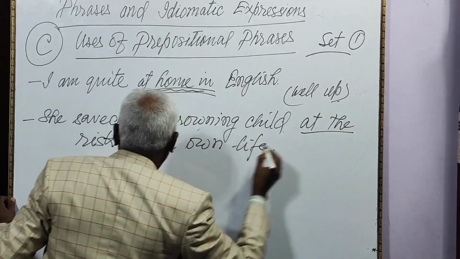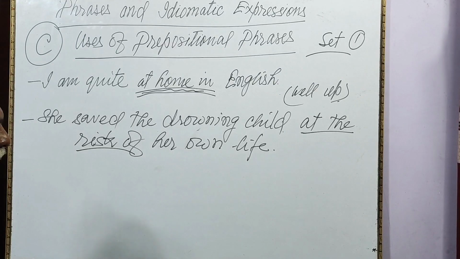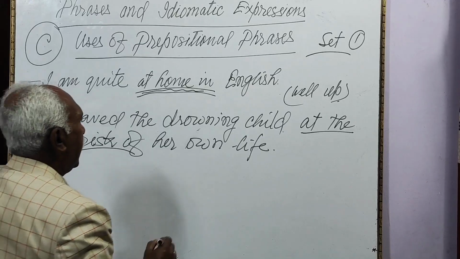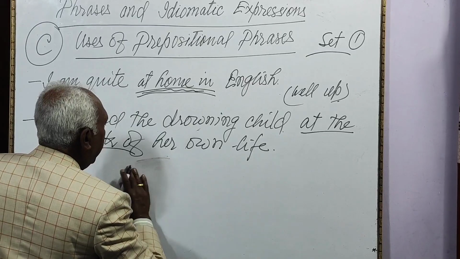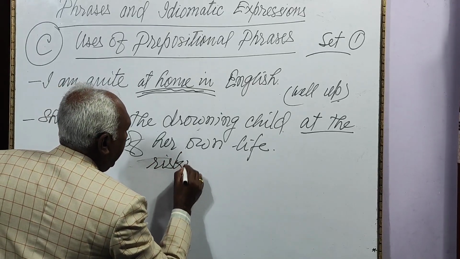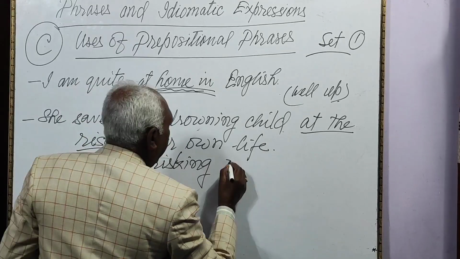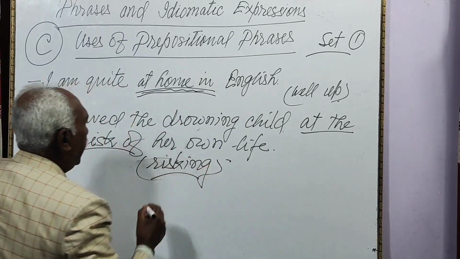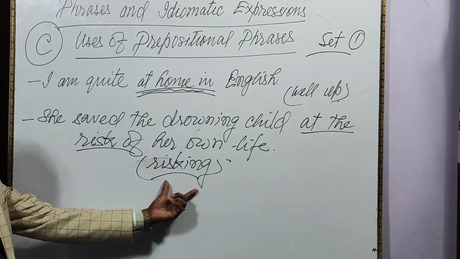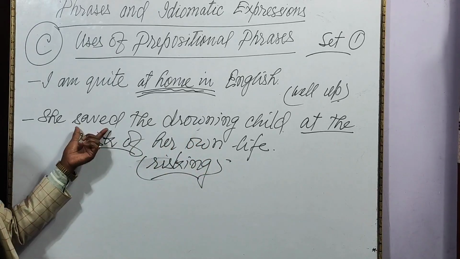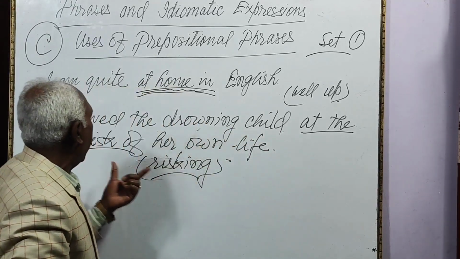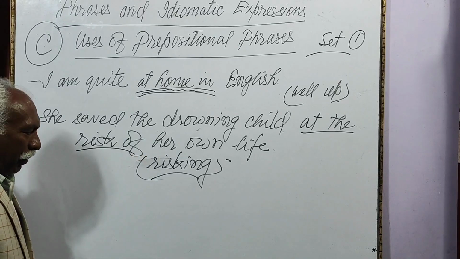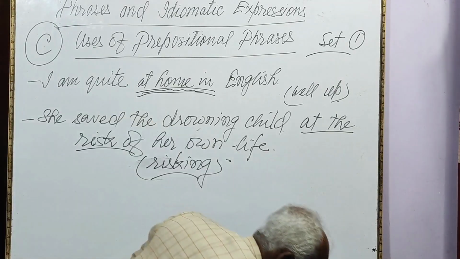So at the risk of, prepositional phrase, right? Risking, संकट में डाल करके. At the risk of, that means risking her life. Now, at the risk of means risking her own life. She saved the drowning child in the river. You can say at the risk of her own life.